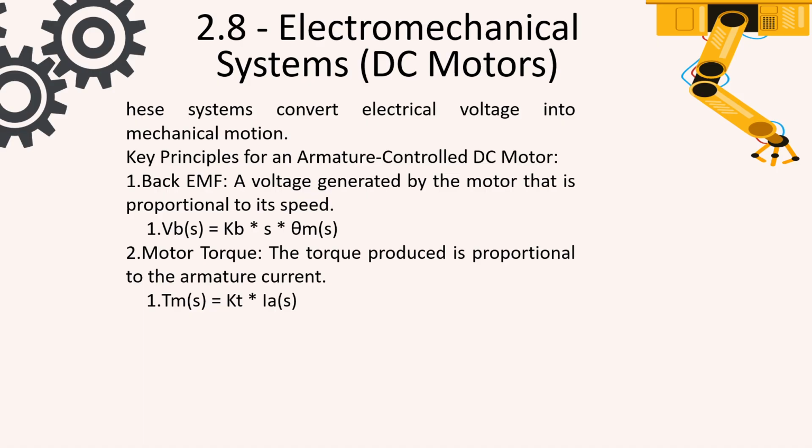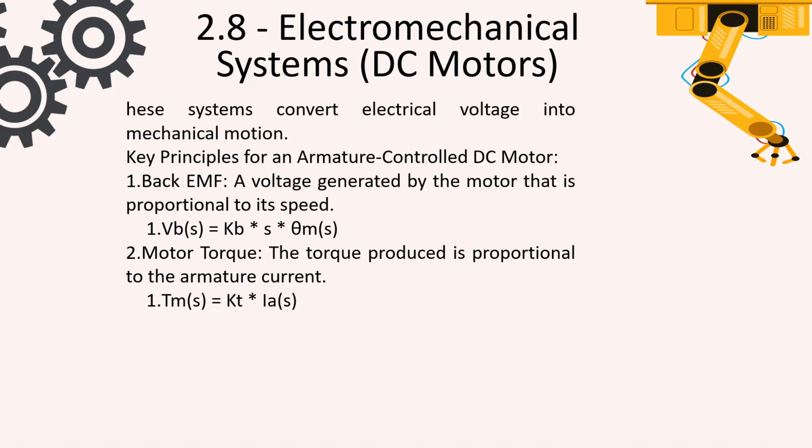Two key principles are at play. Back EMF: the motor generates its own voltage, called back electromotive force, which is proportional to its rotational speed. Motor torque: the torque produced by the motor is proportional to the armature current flowing through it.